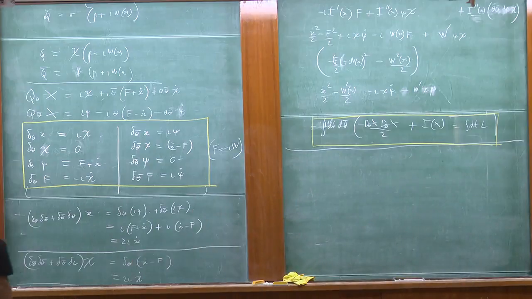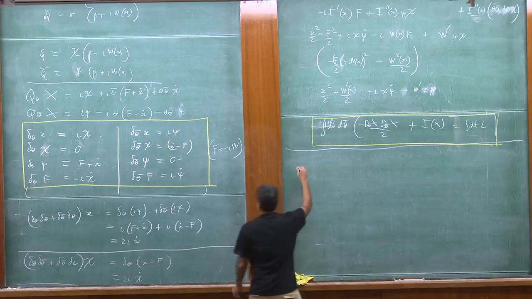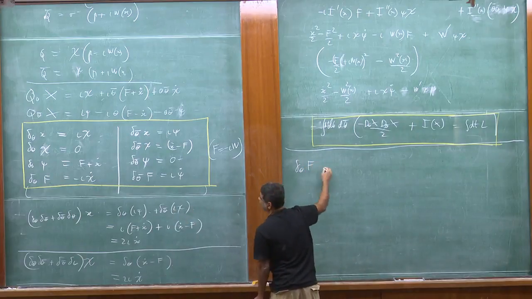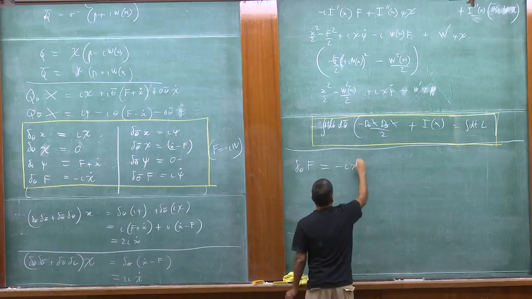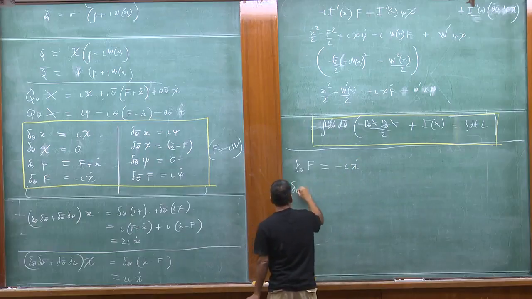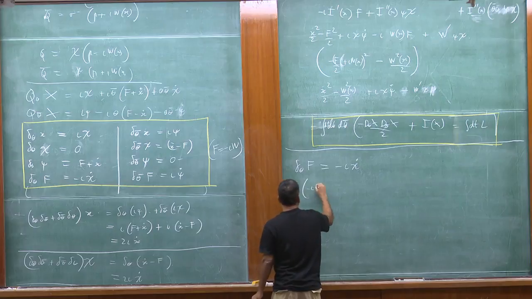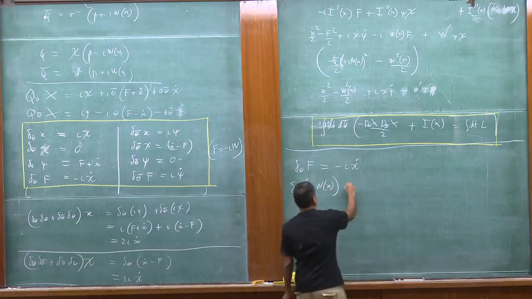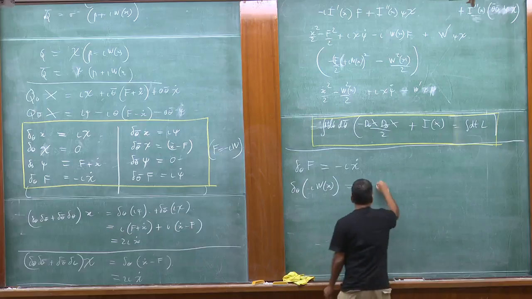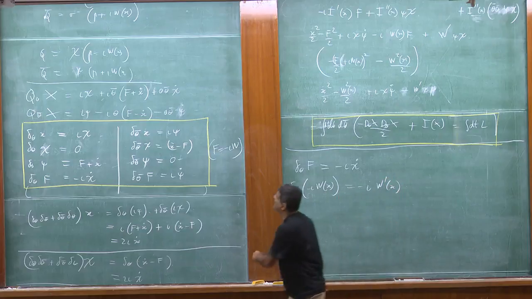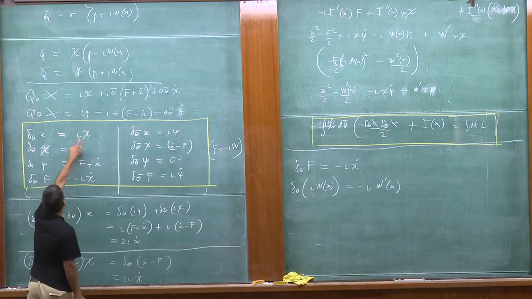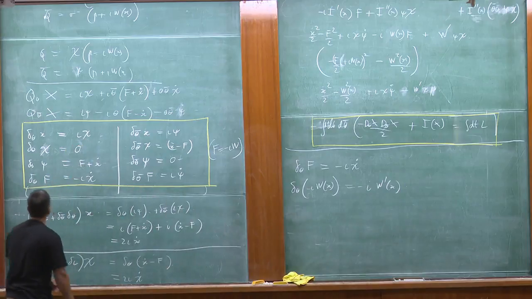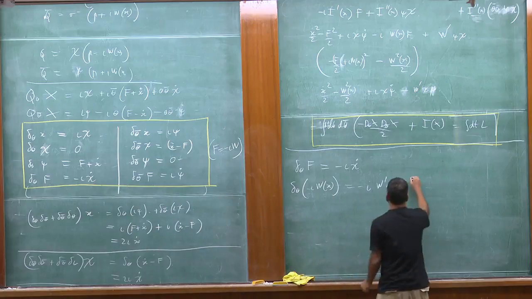Okay, so we have that del theta of F is equal to minus I chi dot. But del theta of minus I W of X is equal to minus I times W prime of X times the change of X in terms of theta, times I chi.